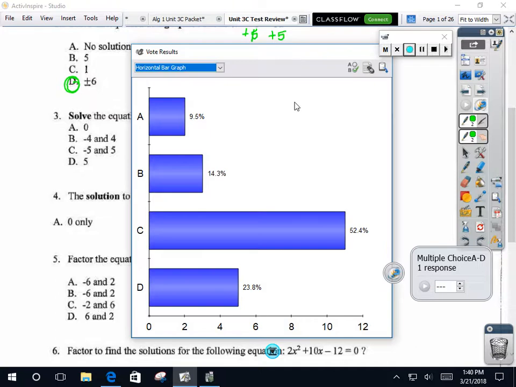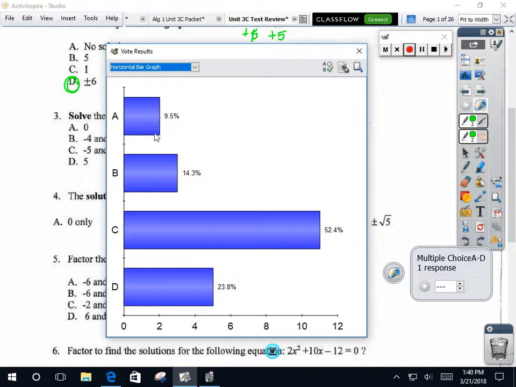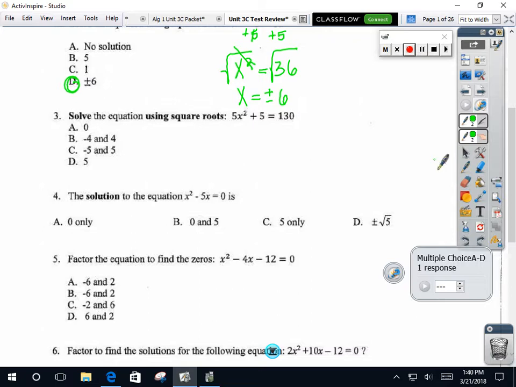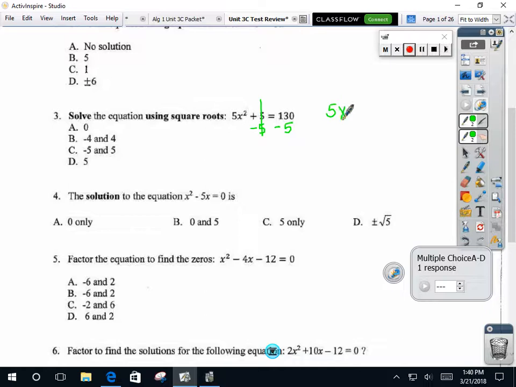Okay, the correct answer is C. Let's go over it because quite a few of you got it wrong. Okay, and there will be one just like this on the test. So if you didn't get it right, you better pay attention or you're going to get it wrong again when it counts. Number 3, we're trying to get x by itself. So the first thing we need to do is subtract the 5 to cancel it on that side, and then we subtract it over here. Now I have 5x squared equals 125.